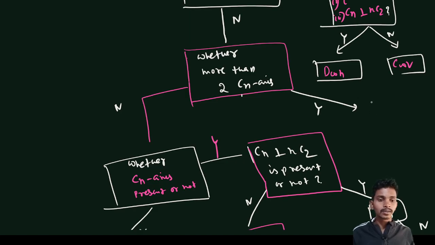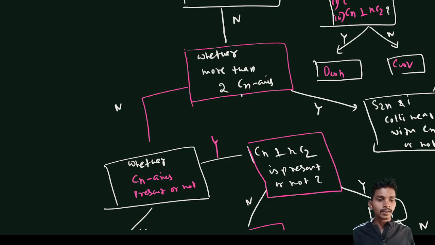If yes, then I will ask whether S2N and I are collinear with CNs or not. Questions.